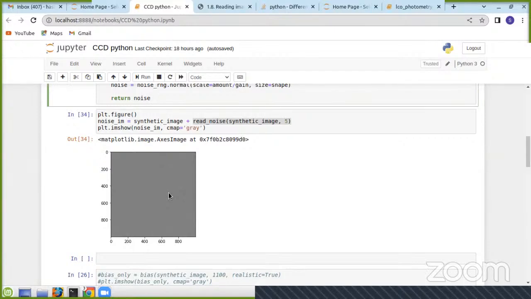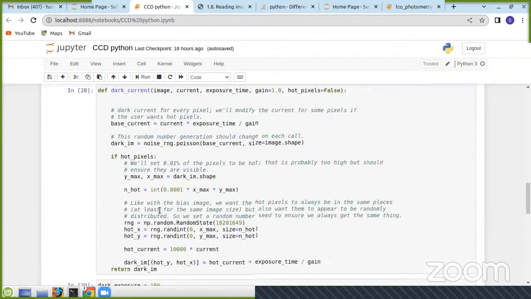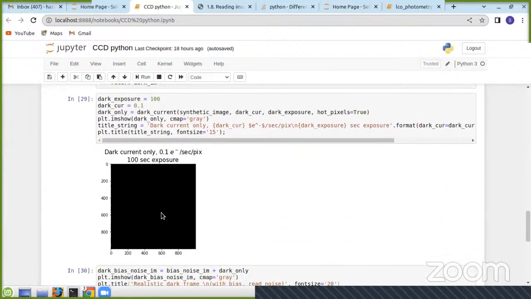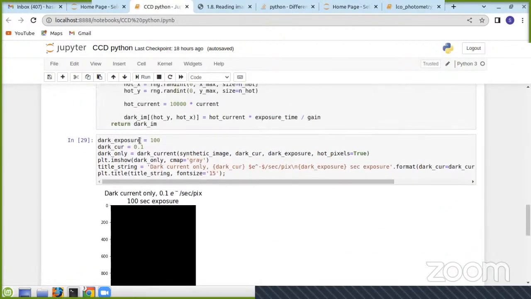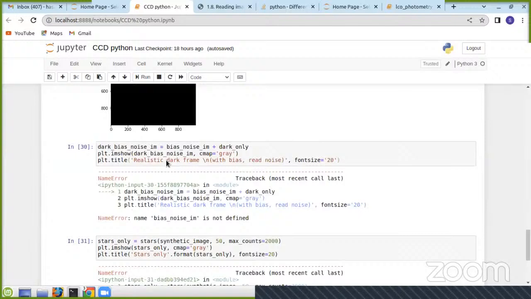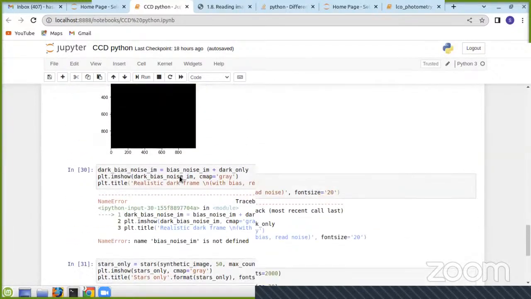So you have an image with noise in it, and how do you subtract the noise? You create a Gaussian noise, remove it from that. So how to create dark frames, how to create flat fields and so on. In this you have created a dark exposure of 100 seconds, and I have constructed this, and then we'll subtract it and see.